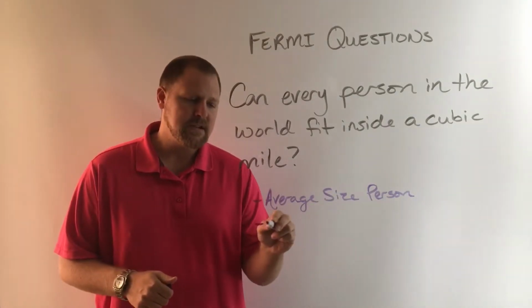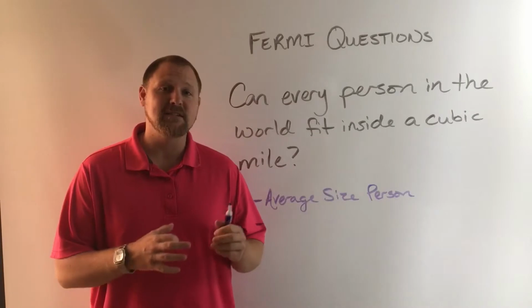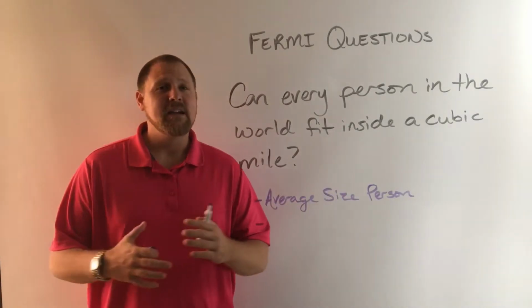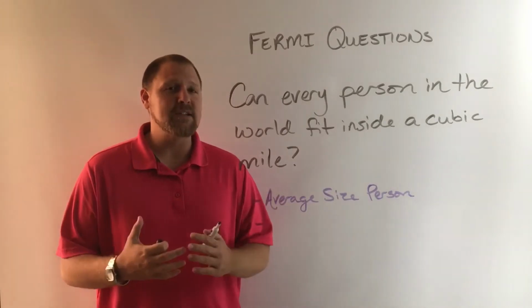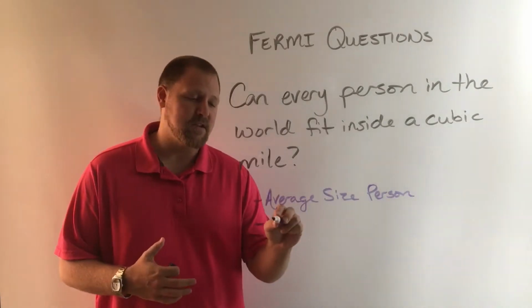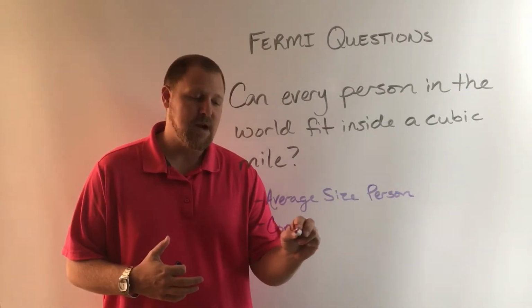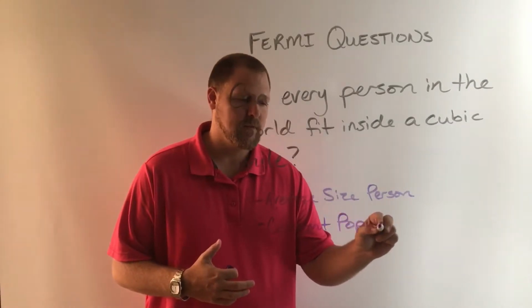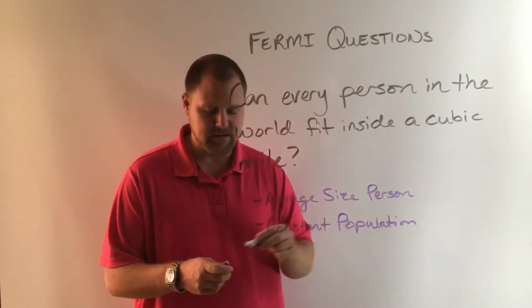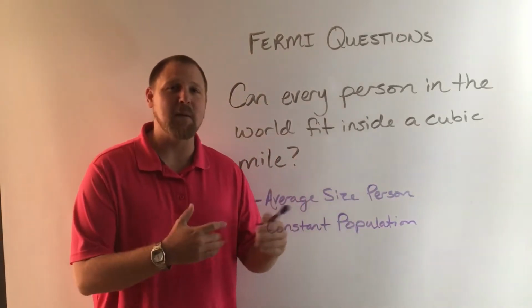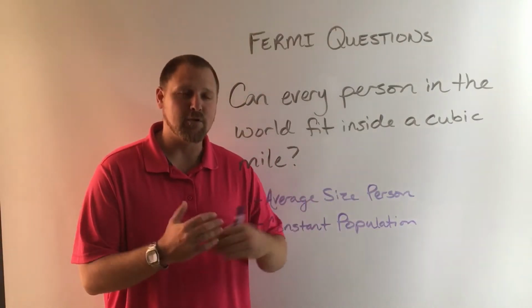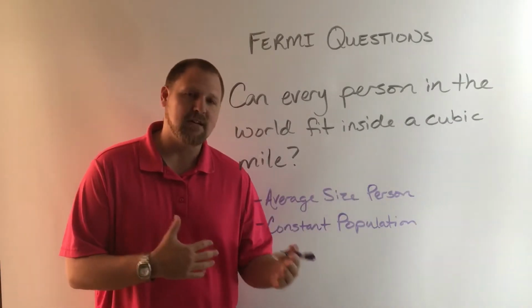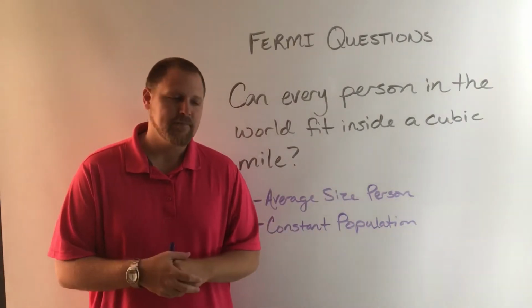Other things is that we know that the population is continuously growing and decaying, with birth and death, so we have to figure out maybe that there is some kind of constant population. What that does is eliminate that minute by minute or hour by hour growth or decline in the population based on birth and death.